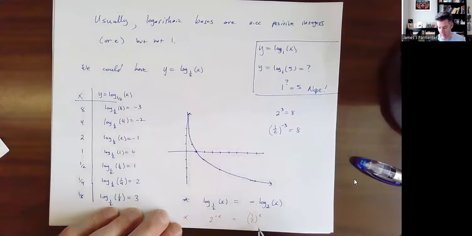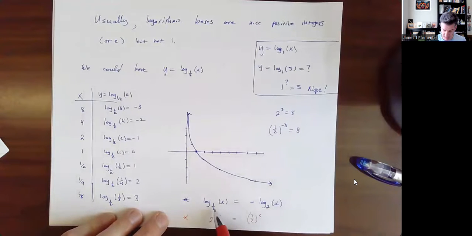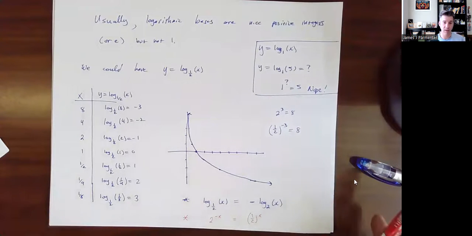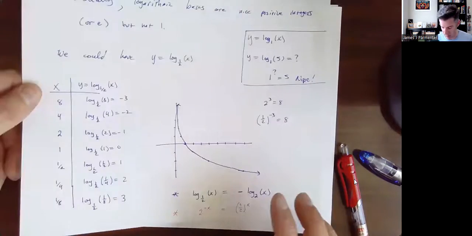I really should have started with this: 1/2 to the x is the same as 2 to the negative x. Having your base being a reciprocal of an integer ends up reflecting it horizontally, whereas here, having your base being the reciprocal of an integer reflects it vertically. Okay, if you want to forget all that, you can. It's not something I'm going to ask you about.